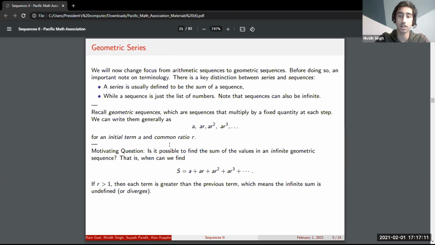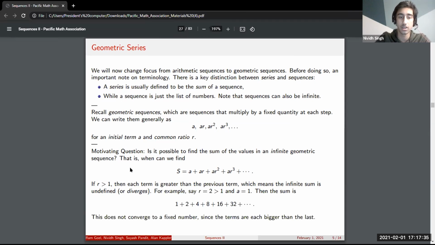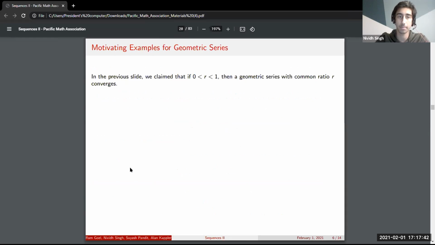So this is what we call an undefined sum, or a divergent sequence. For example, if R is equal to 2, which is greater than 1, and A is equal to 1, the sum will keep getting bigger and bigger, and we cannot say what the total sum is. This example does not converge onto a fixed number, since each term is bigger than the last.